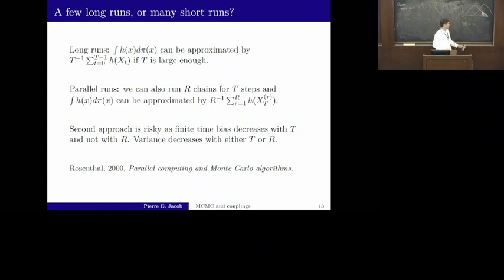Okay, so this problem of bias, basically the bias that comes from not having started from pi independently, having started from pi 0, is the main problem in trying to parallelize MCMC. If you could sample from pi from the beginning, you could do that on many machines. That has been well recognized for a long time.